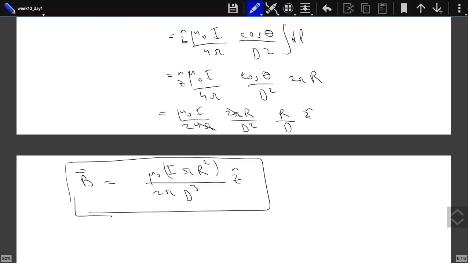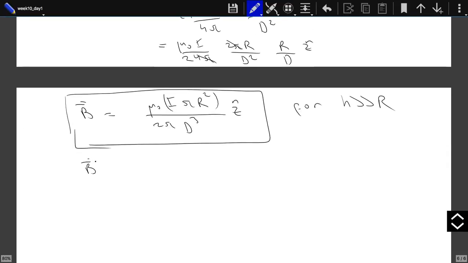Now, if you are very far away, then D is approximately H. So this is mu 0 over 2 pi, I pi r squared, divided by h cubed in the z direction.